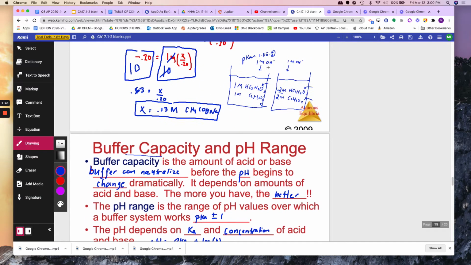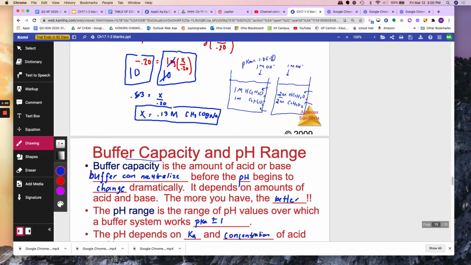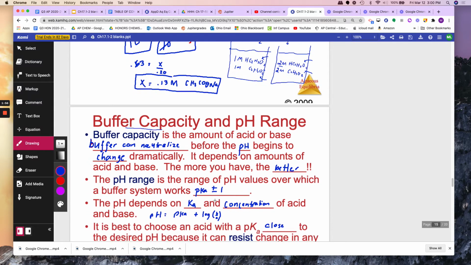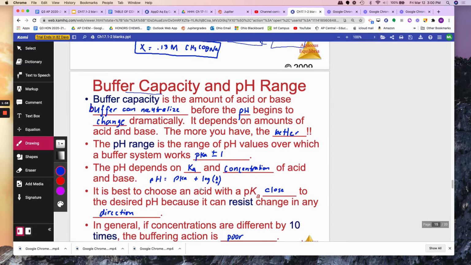So if the pKa here is about 5, then it's good from pH 4 to pH 6, so plus or minus 1. The pH is going to depend on pKa, of course, and the amount of base and acid that you have in there. If you have equal amounts, the pH will be pKa.